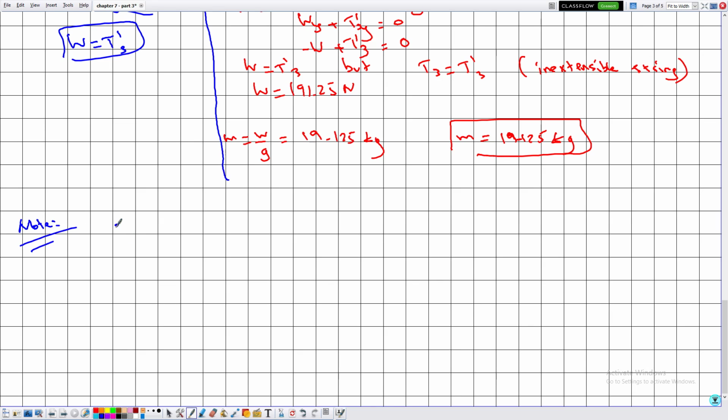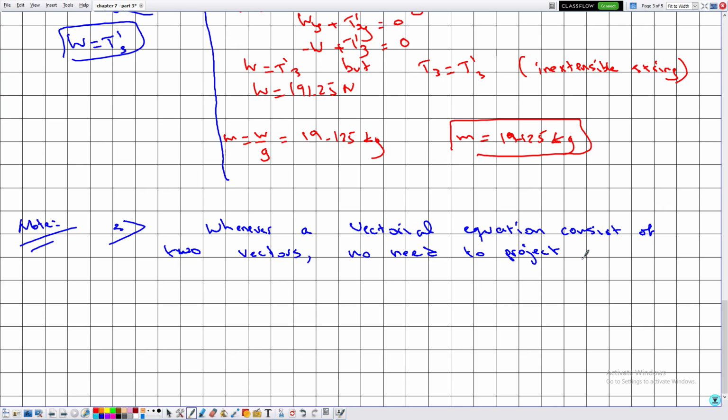Let me make the following note. This is note number 3 for this video. Whenever a vectorial equation consists of two vectors, no need to project, and it can be solved directly.